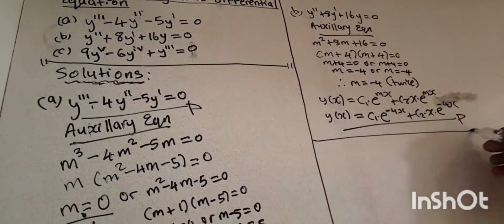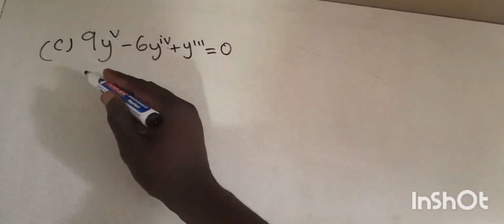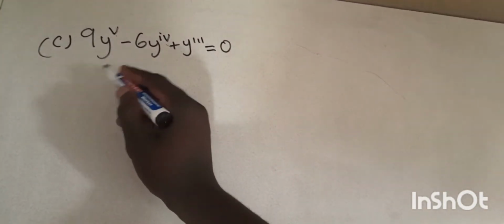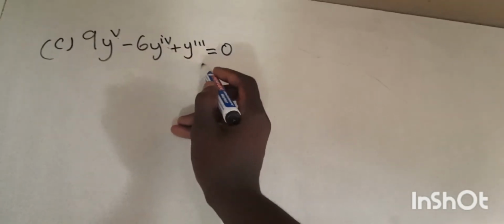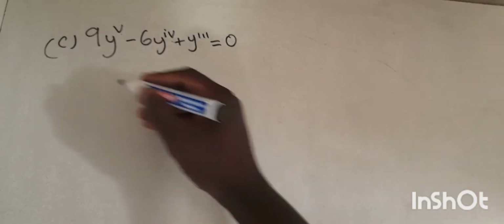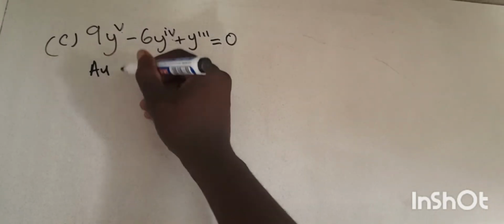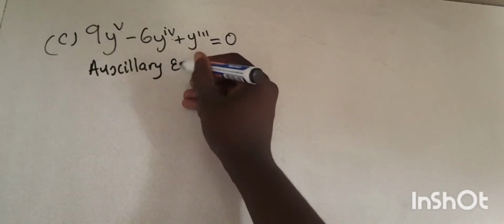If you're following, as I was running out of space, I decided to erase everything so that I can take number C very well. So number C is 9y fifth order minus 6y fourth order plus y third order. As usual, we'll find the auxiliary equation.